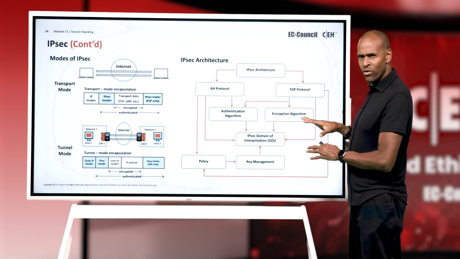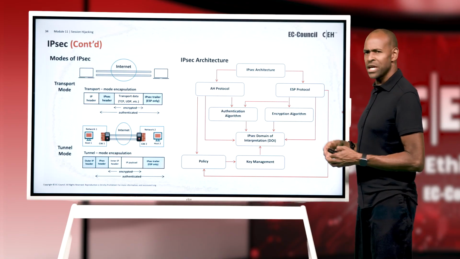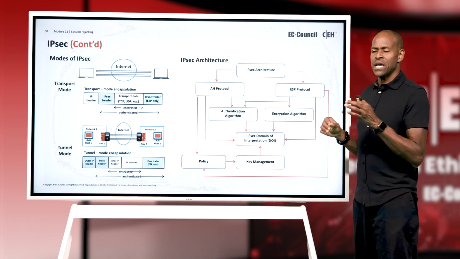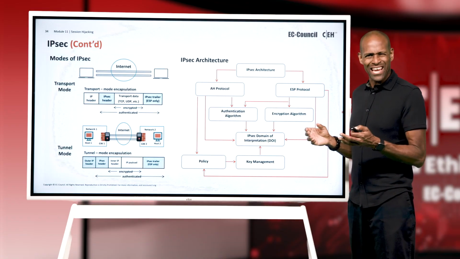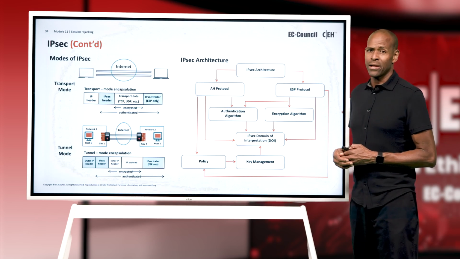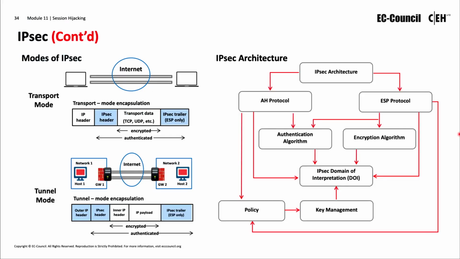This is kind of an overview of the IPsec architecture. There's a lot you can change and work with. But if you're running IPsec, and especially if you're running AH with ESP, it is extremely unlikely that someone's going to be able to do a man-in-the-middle attack on that communication.